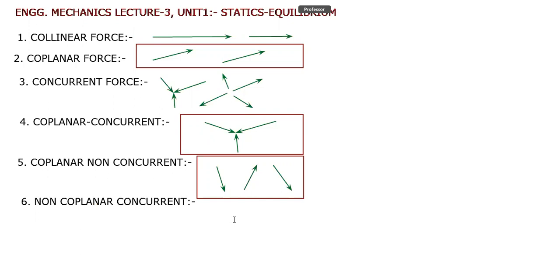Forces will be meeting at the same point, or forces will be emerging from the same point, but they are not in the same plane. So this is the non-coplanar concurrent force system. In our previous lecture also, we have tried to explain this, right?